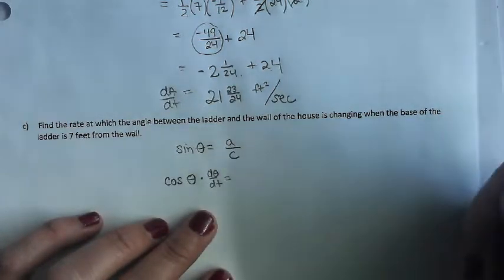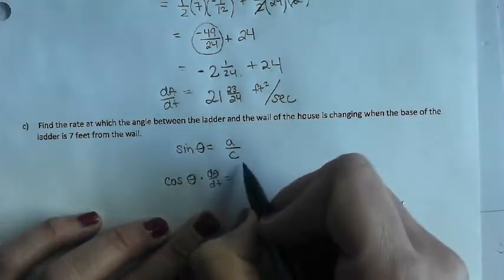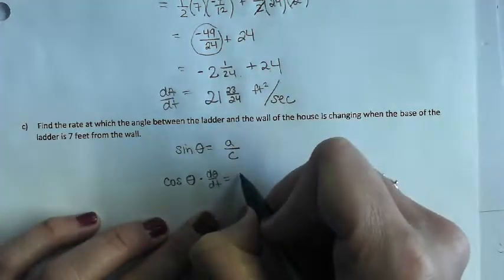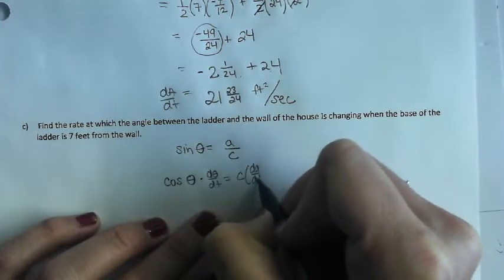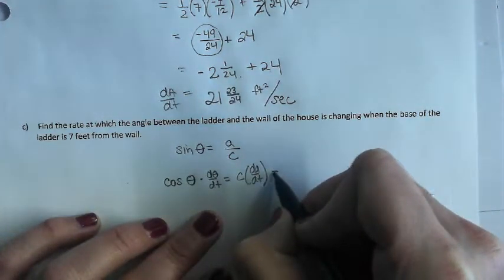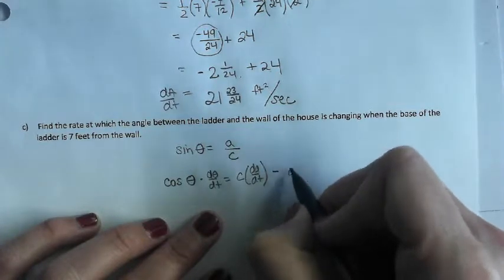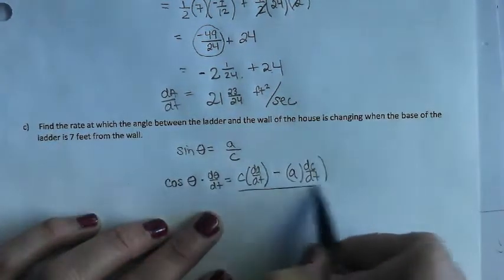Do you follow that? I'll do the quotient rule, but bottom times derivative of the top, dA dt. Bottom times derivative of the top minus the top times dc dt, the derivative of the bottom, all over bottom squared.